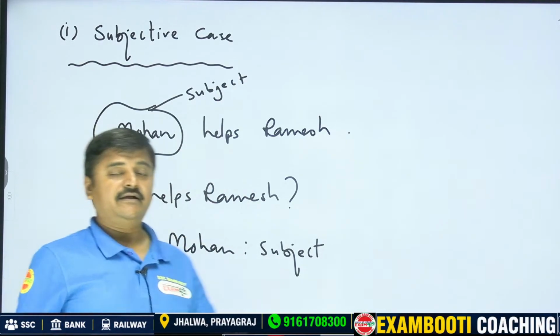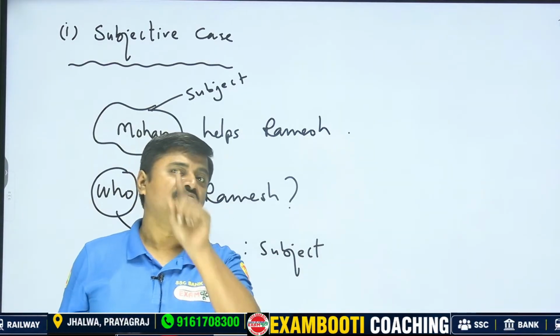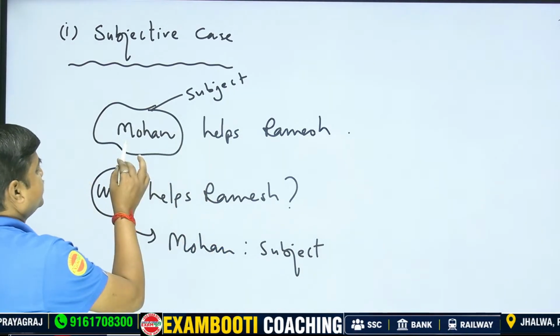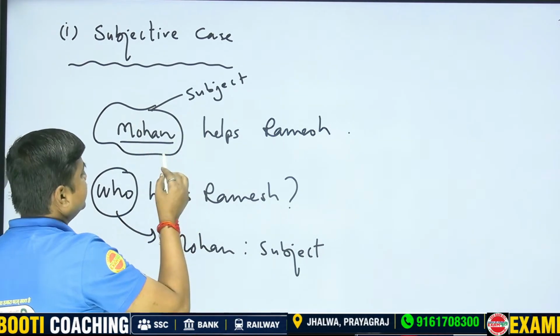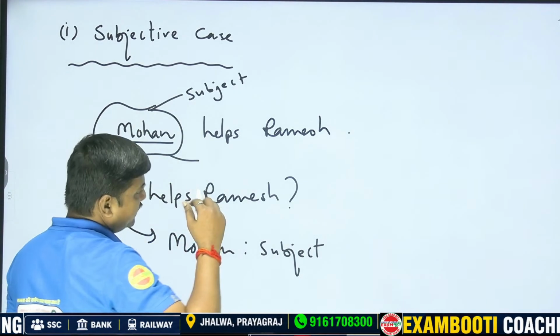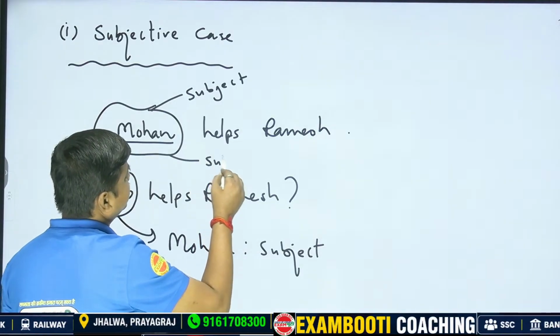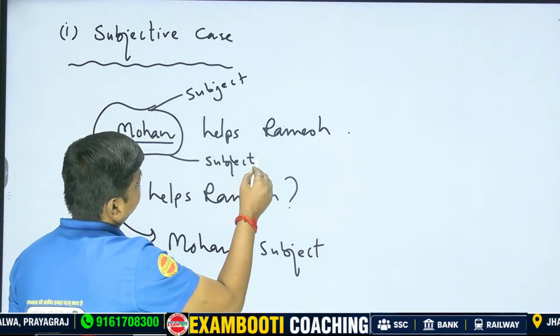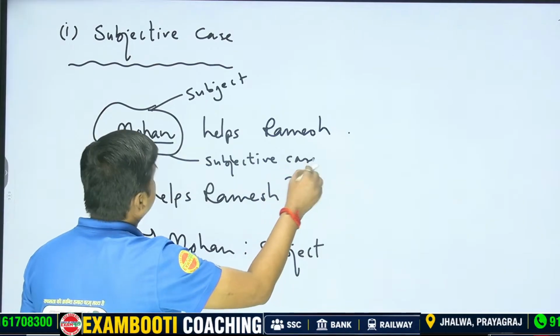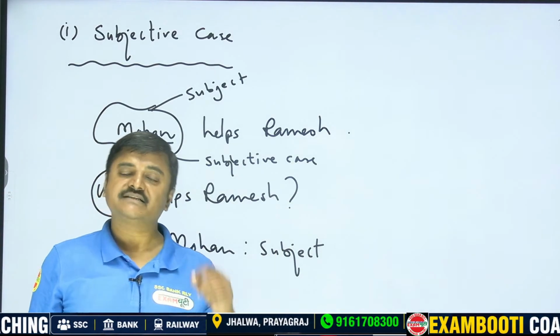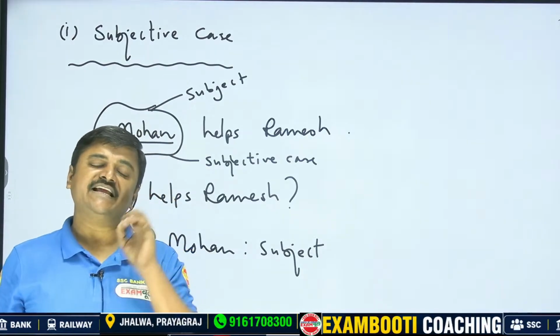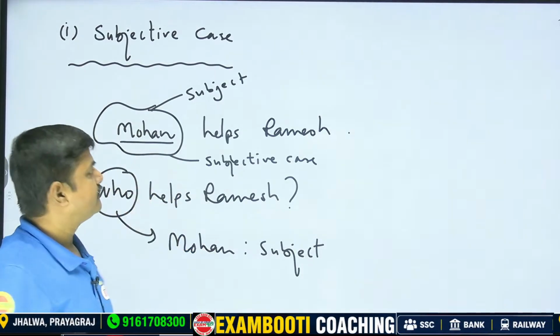Because in subject we get only one word, this one word alone. So whatever is the subject is also said to be in subjective case. So Mohan is in subjective case. Mohan is the subject and Mohan is in subjective case.